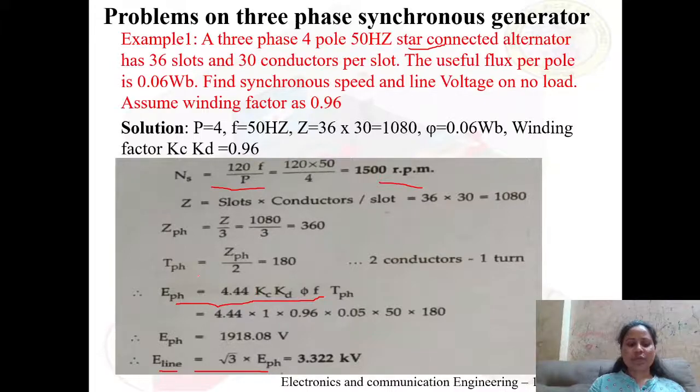So first calculate the phase voltage, that is EPH, which is 4.44 times Kc Kd, that is winding factor, into flux into frequency into number of turns in each phase.